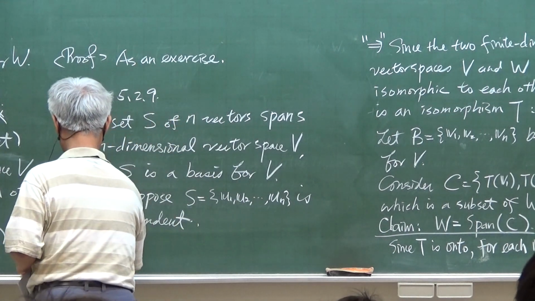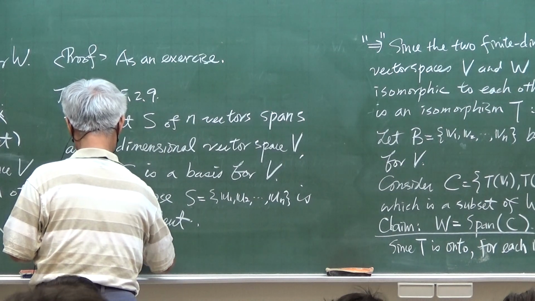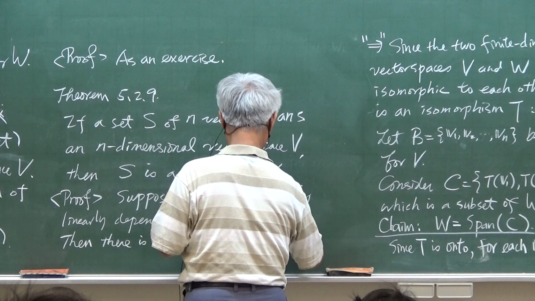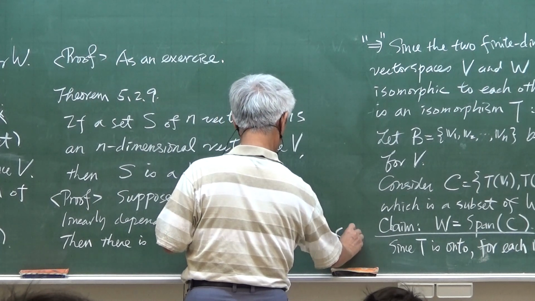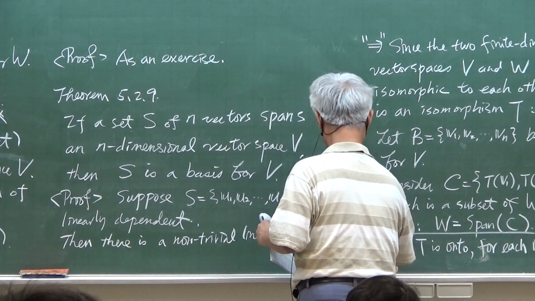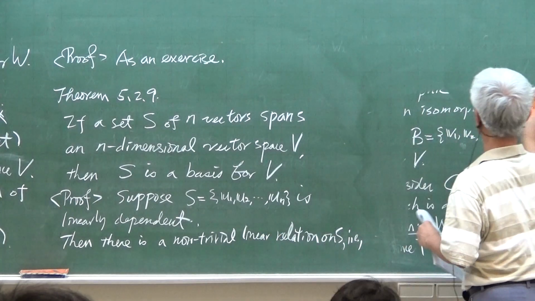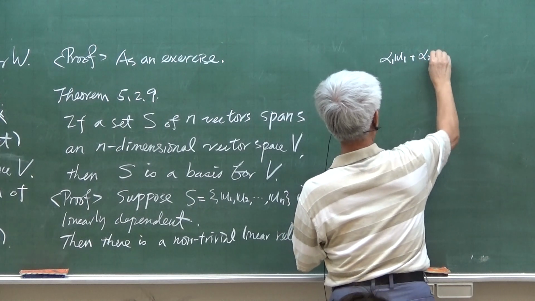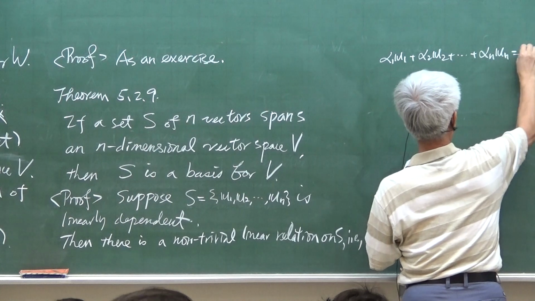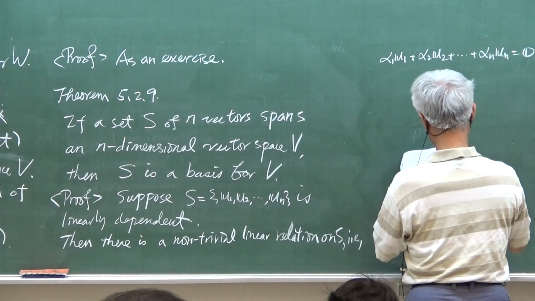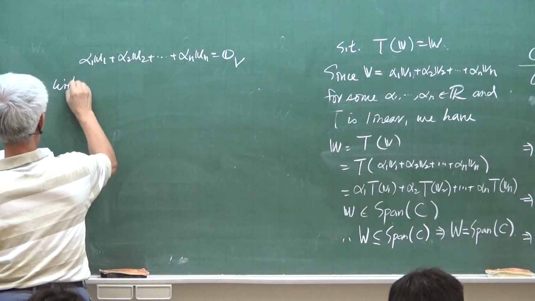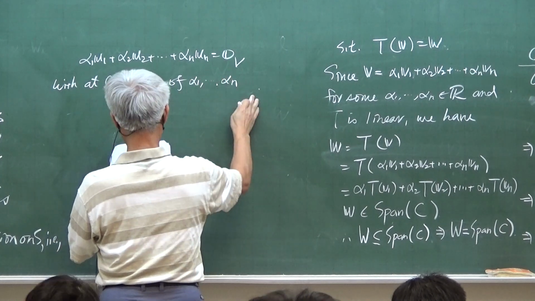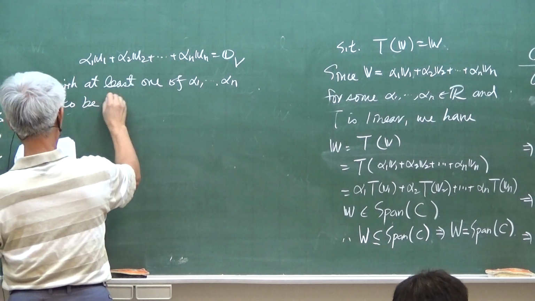Then there is a non-trivial linear relation on S, that is, alpha 1 u1 plus alpha 2 u2 plus ... plus alpha n un equal to the 0 vector, with at least one of alpha 1 up to alpha n non-zero.